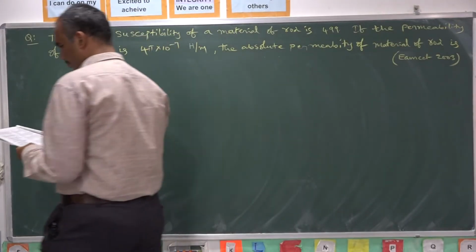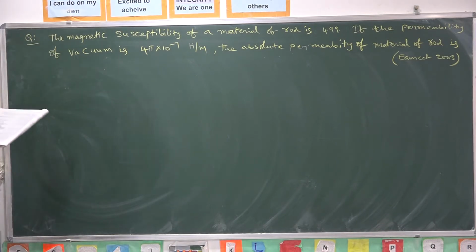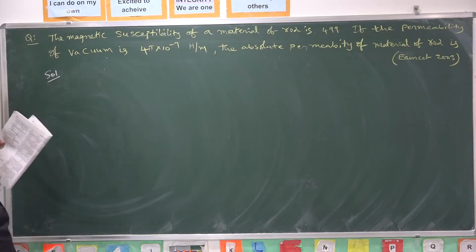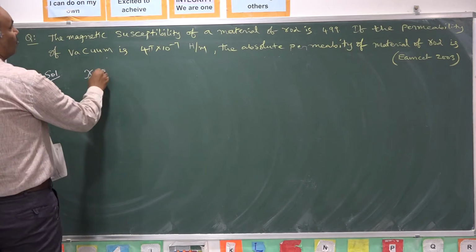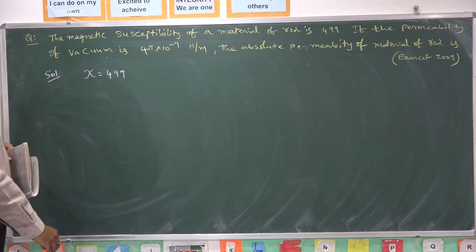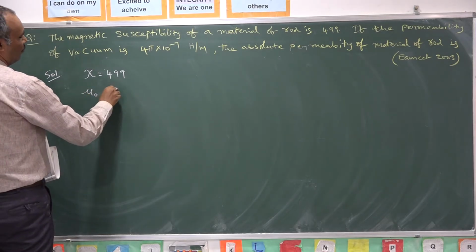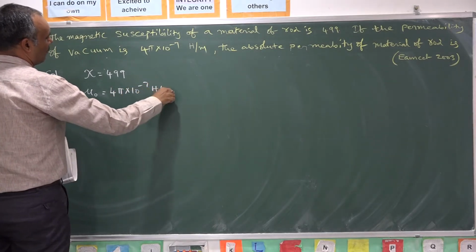Here, as per the question, if you see the data, the magnetic susceptibility of a material, they gave chi value 499. Permeability of vacuum or free space, mu naught value they gave 4 pi into 10 power minus 7 Henry per meter.